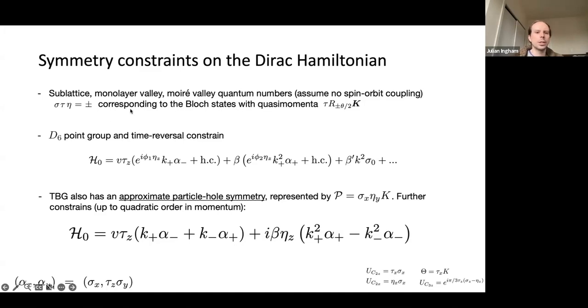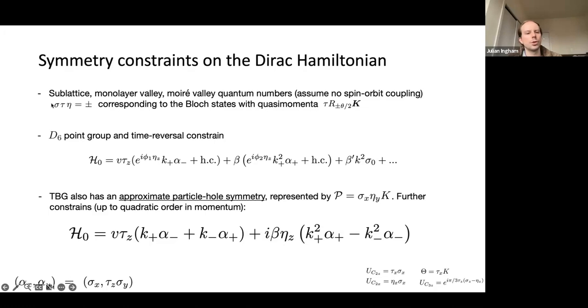And then this quadratic term that has this strange factor of i and eta z, where eta is Moiré valley. And alpha x is the same as sigma x, and alpha y is the same as sigma y, but with a factor of tau z. And for those interested, in the bottom right, we have the representation of these symmetries as unitary and anti-unitary operators.